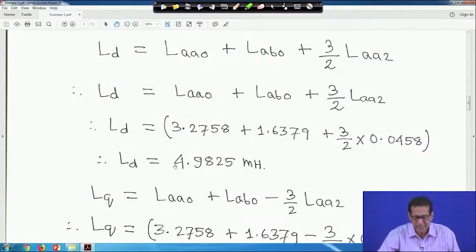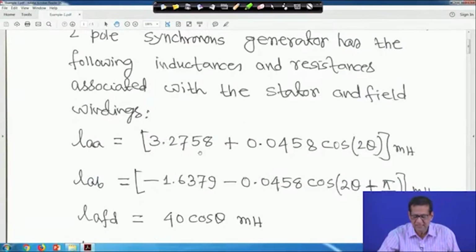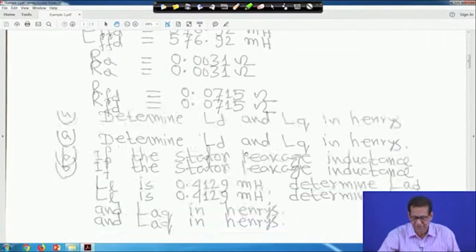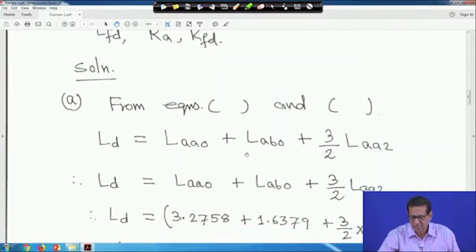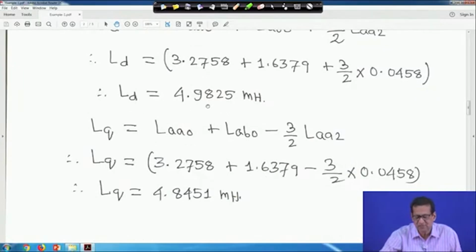If you do so, you will get LD is equal to 4.9825 millihenry. All these parameters are given from this equation.